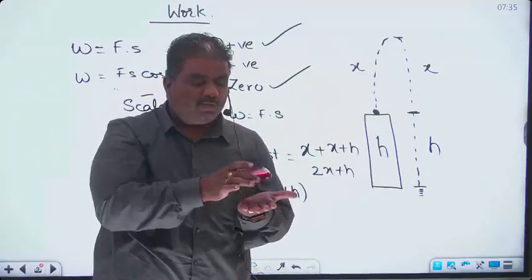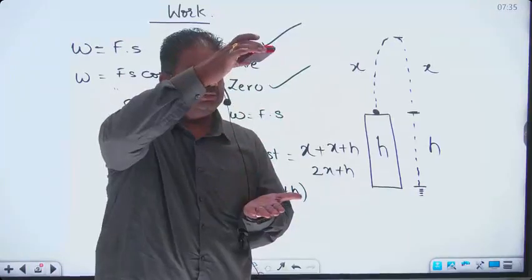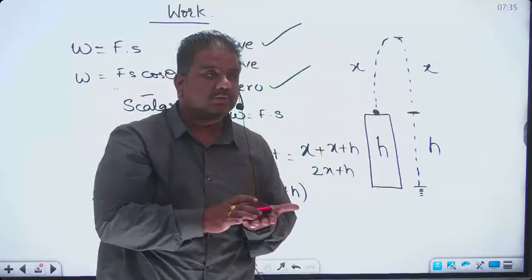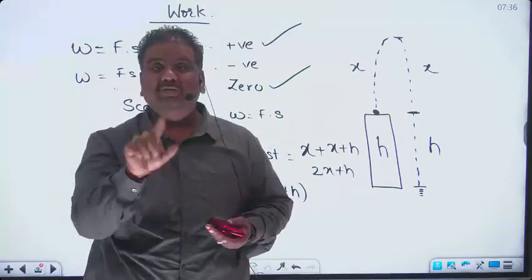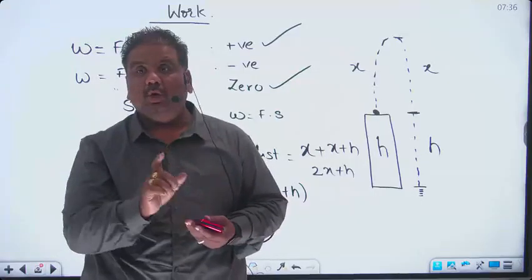Now when you are lifting the object like this, in which direction is the force? Upward direction. In which direction is gravity? Downward direction.